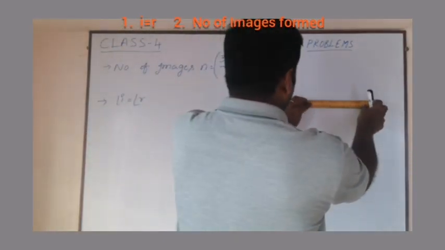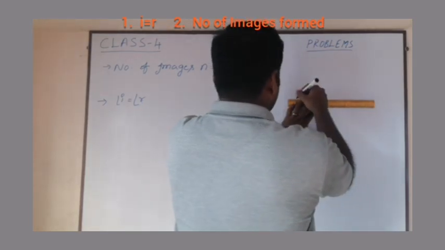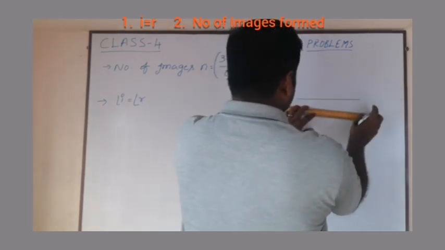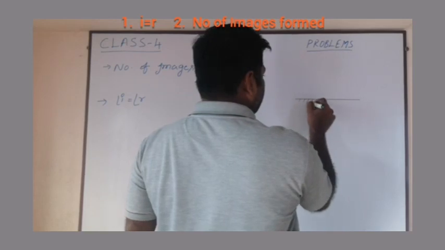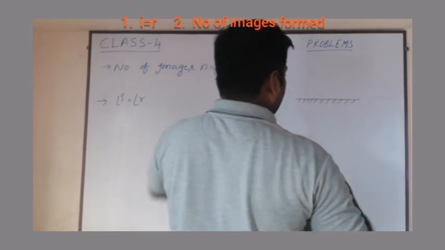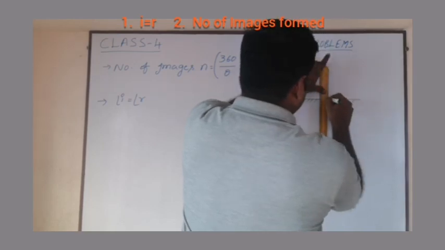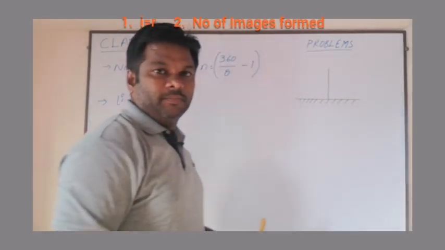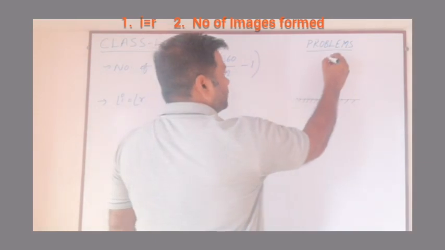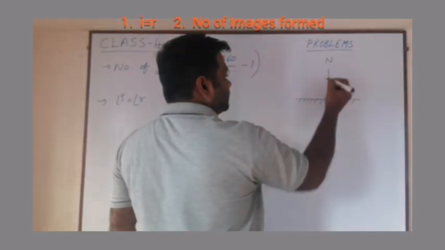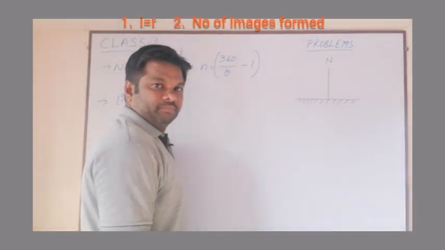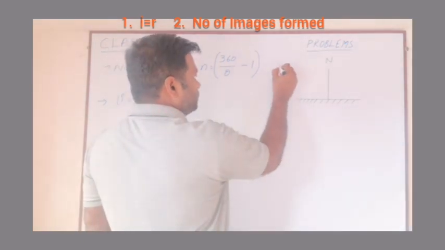Now the first problem. This is a plane, and here is your normal. What is the normal? The line perpendicular to the plane is called the normal. Please note it down.